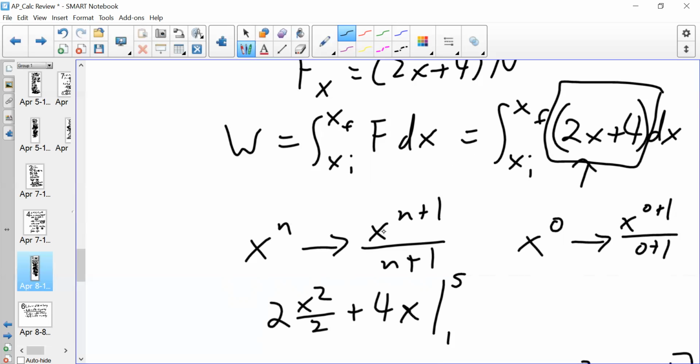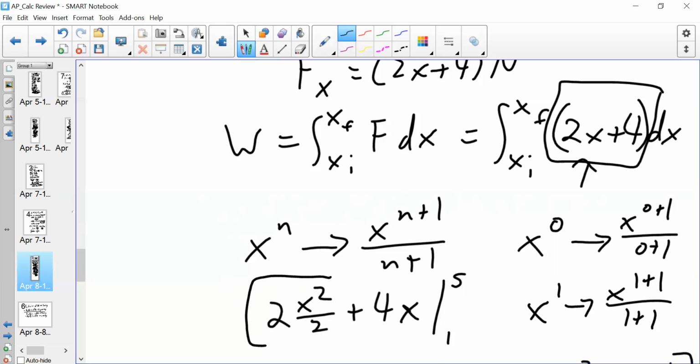We have to take the exponent that's there, add a 1 to it, and do the same operation, this n plus 1, on the denominator. So this is 2x. So x is to the first power, understood. And so what we do is it's going to be x to the 1 plus 1 over 1 plus 1. So that's going to be x squared divided by 2.